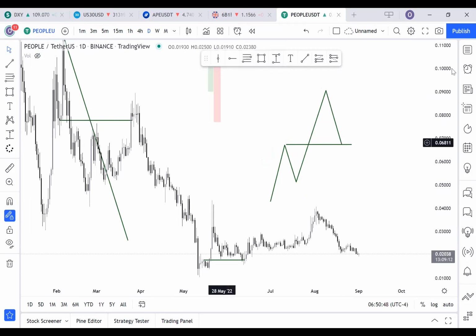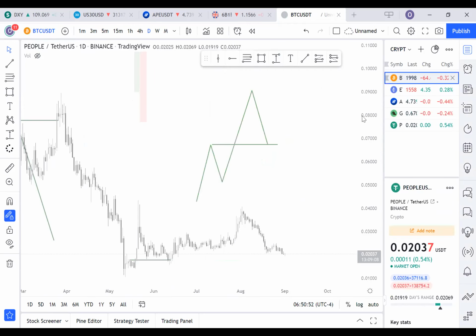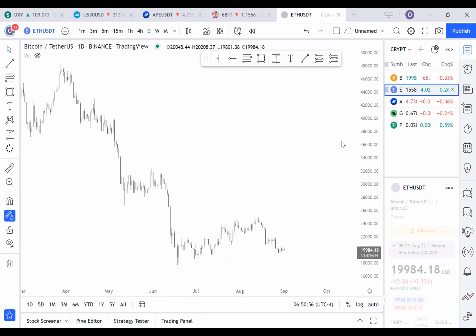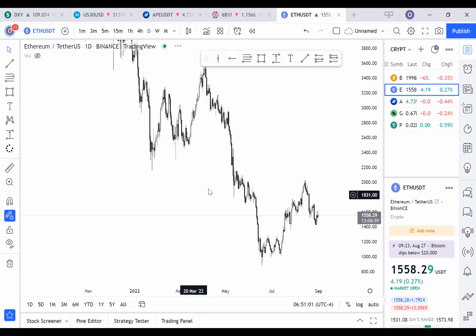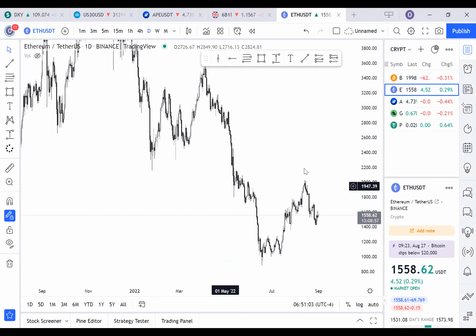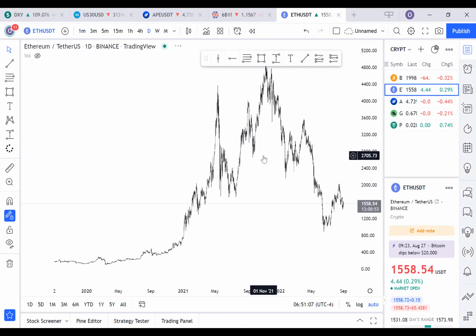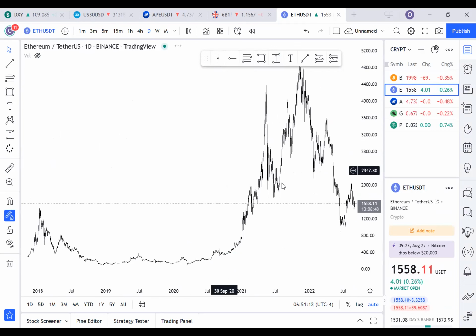So now let's talk about the bullish side of it. Let's choose Bitcoin, or Ethereum. Should we choose Ethereum? Now we choose Ethereum, so we are going to be using this to explain the bullish side of it. When price is bullish, how do we know that it is actually very, very bullish?